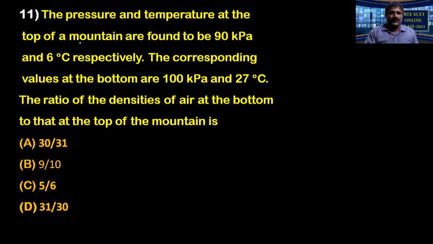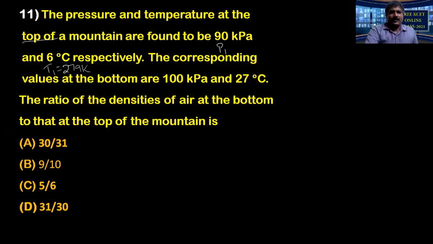Now pressure is given here. I will take P1 at the top of the mountain and temperature, say, T1. 6 degrees Celsius is given. In thermodynamics you have to use Kelvin only. Whether you are substituting in the ideal gas equation or anywhere, you have to substitute the temperature in Kelvin. So 6 degrees Celsius, add 273, is 279 Kelvin.